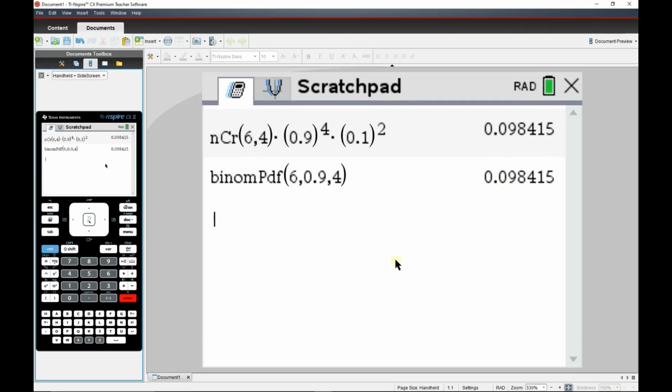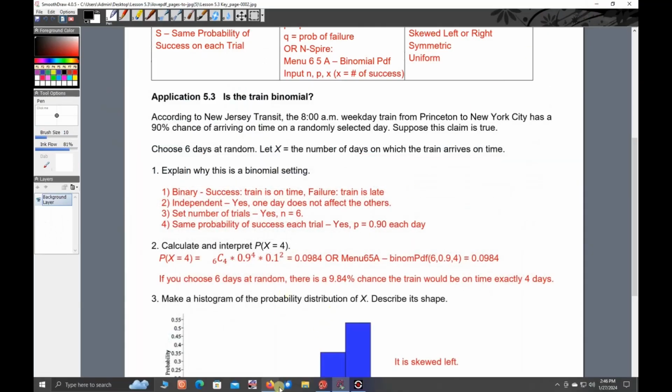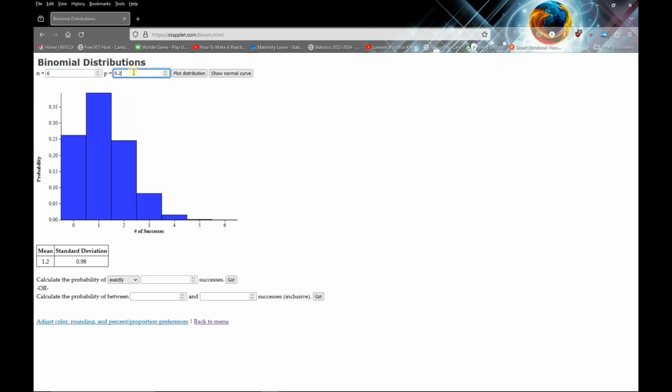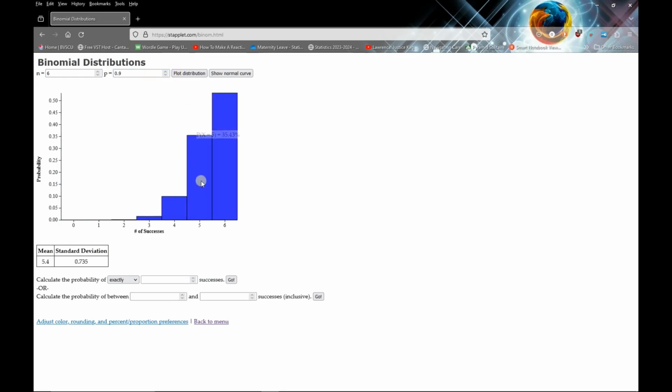Great. Let's also do this on the Statlet, which I believe I still have open. All I need to do is change my N to 6 and change the probability to 0.9. We'll plot it. It should come as no surprise that this is skewed madly to the left, because the trains are very likely to be on time.